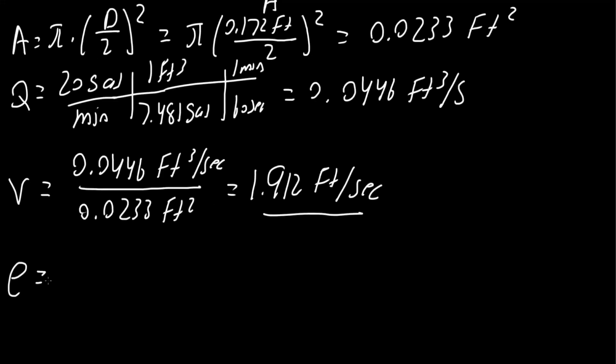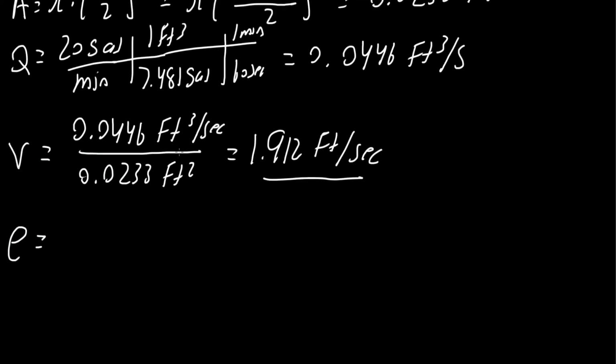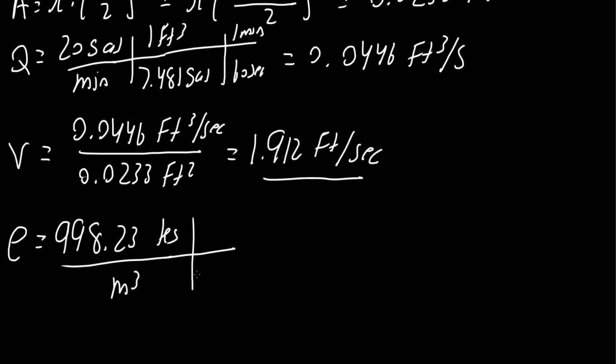Density of water at 20 degrees Celsius is 998.23 kilograms divided by meters cubed. We want similar units, so we should convert kilograms into pound mass and meter cubed into feet cubed. We know that 1 kilogram is equal to 2.205 pound mass. Now we need to convert meter cubed into feet cubed.